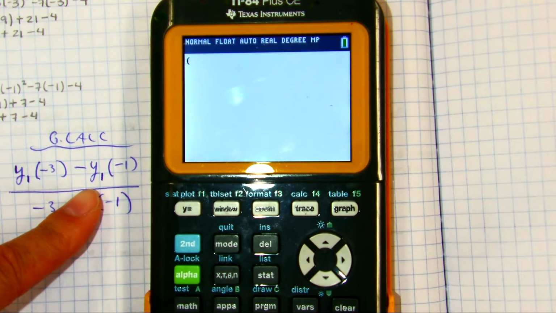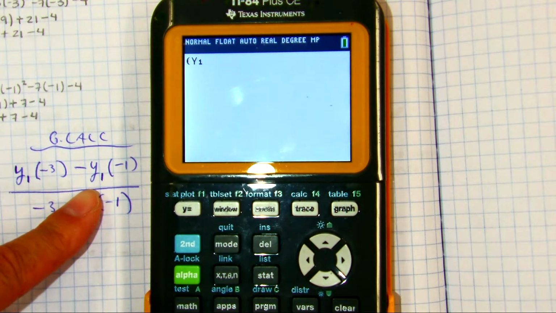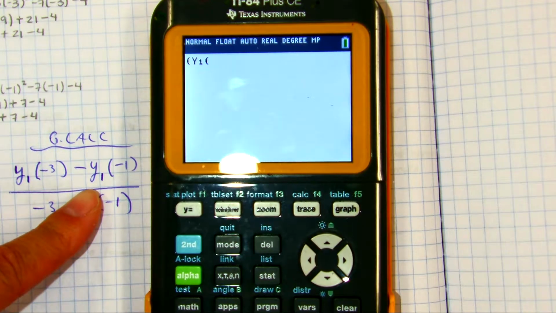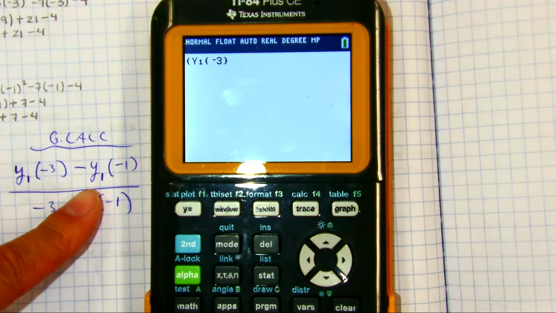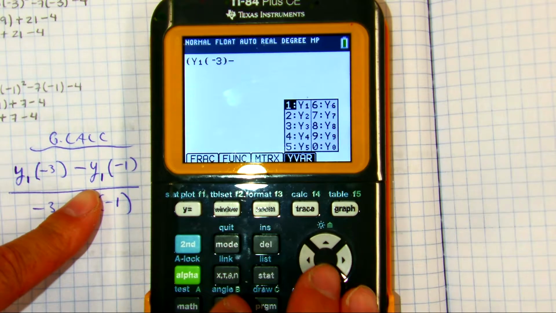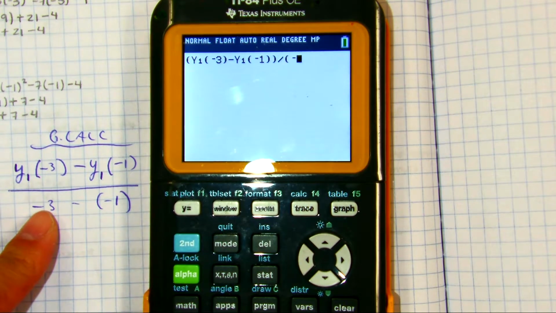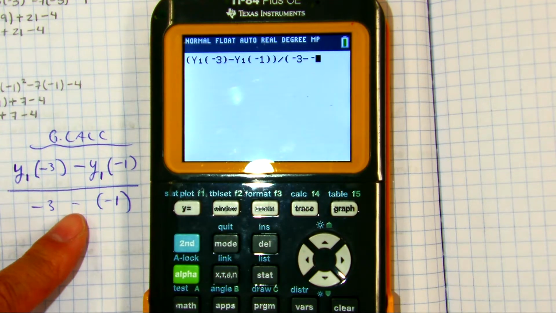Parentheses, alpha trace y1, parentheses, negative 3, minus alpha trace negative 1, close the parentheses, divided by negative 3 minus negative 1.